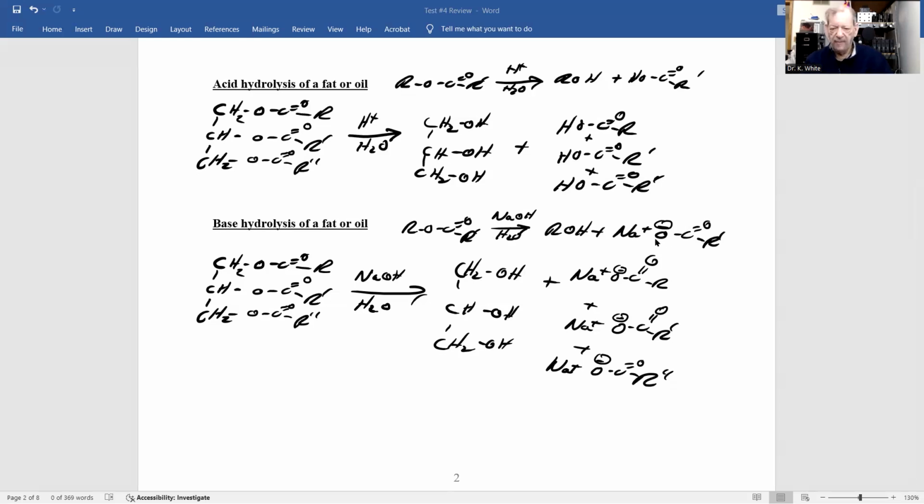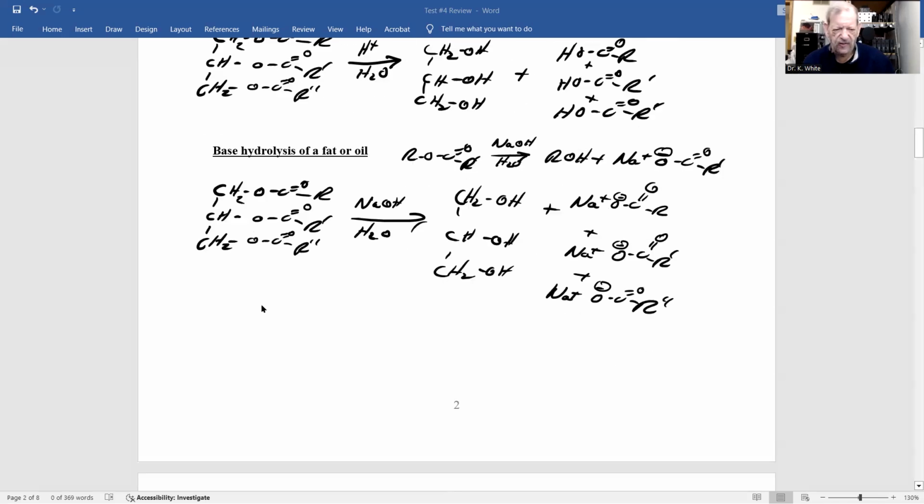That's important. Remember, in the presence of base, you get the carboxylate anion of the carboxylic acid you would have used to make that ester. So we have 3 esters. First ester, this alcohol and this carboxylate anion. Second ester, this alcohol and this carboxylate anion. And the third, this alcohol and this carboxylate anion.